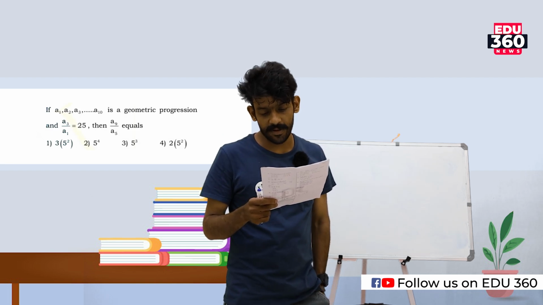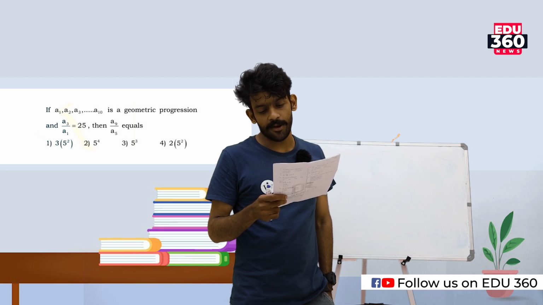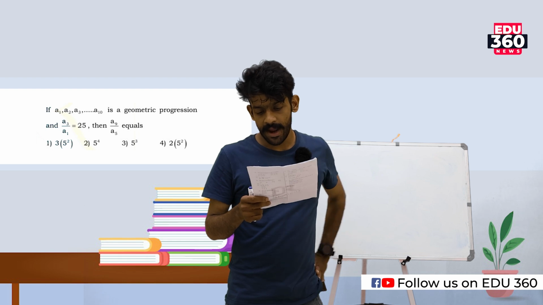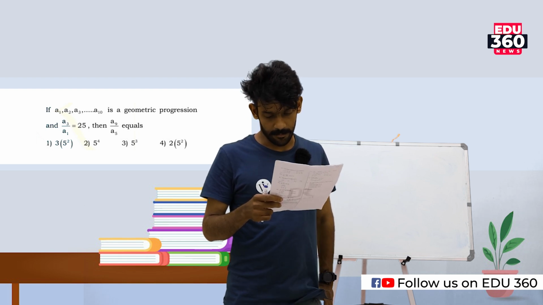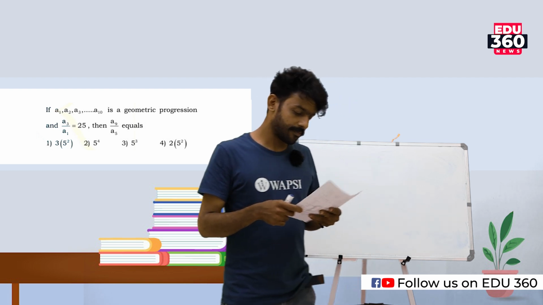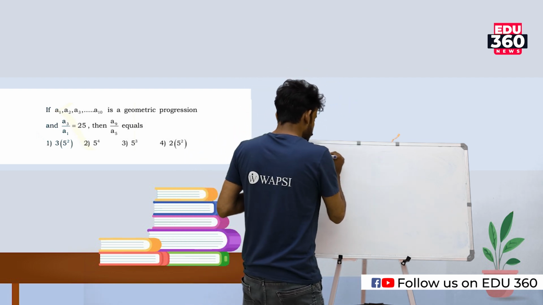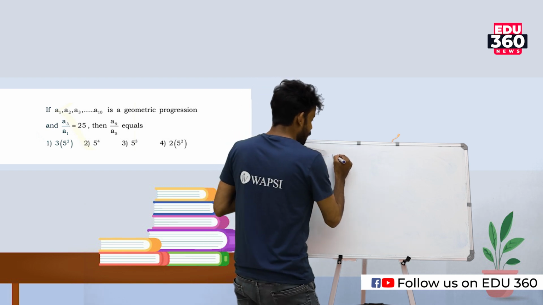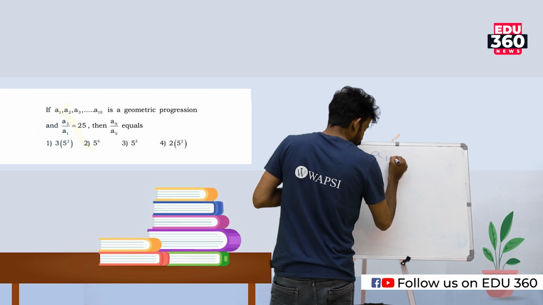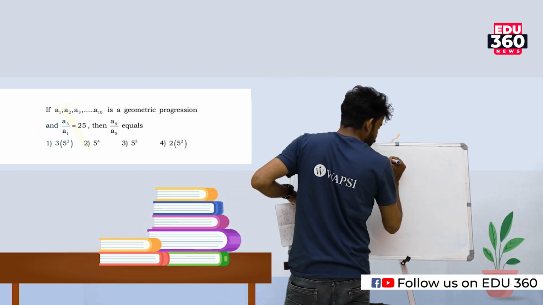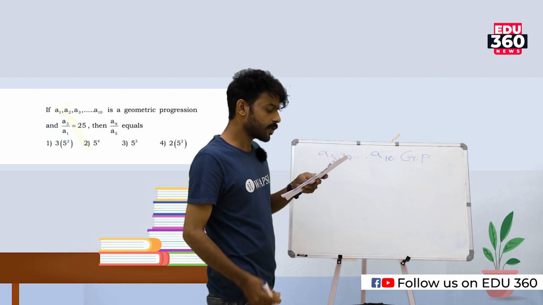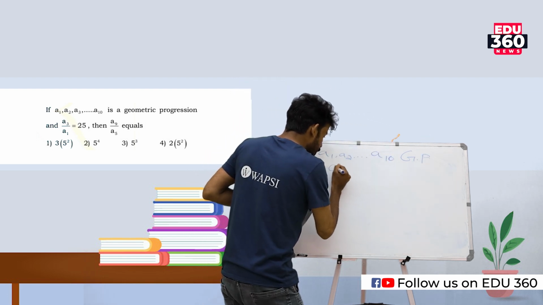The next question is: given that a1, a2, a3 up to an is a geometric progression and a3 by a1 is equal to 25, we need to find the value of a9 by a5. It's given that a1, a2, up to a10 is a geometric progression, GP.